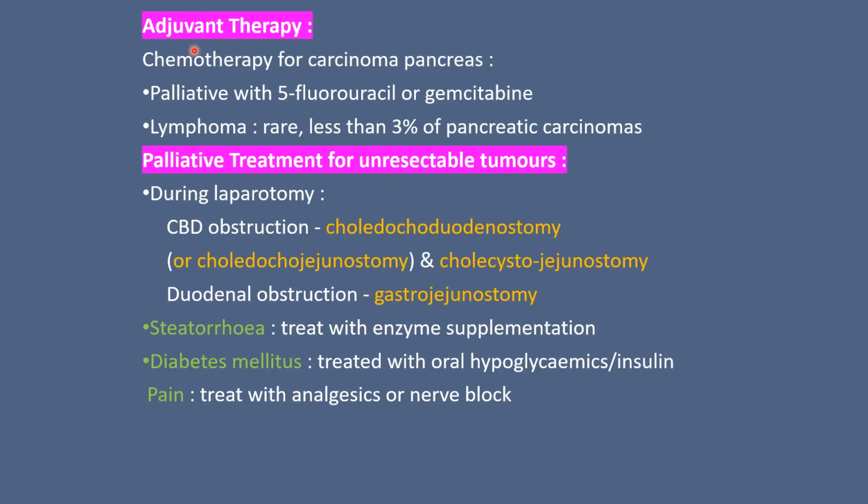Then we come to these patients who are unresectable, and adjuvant treatment. Adjuvant treatment in the form of chemotherapy, palliative treatment with 5-fluorouracil or gemcitabine are common drugs that are used, and despite their use, the prognosis is not very favorable.